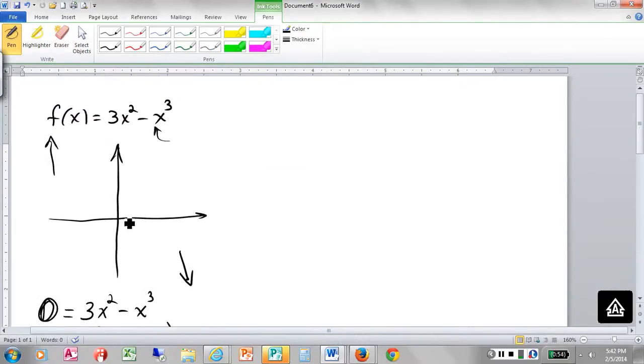And what we said, all right, so we've got an x-intercept at 0 and at 3, and behavior up on the left, down on the right.